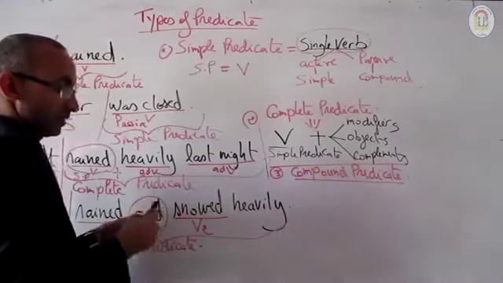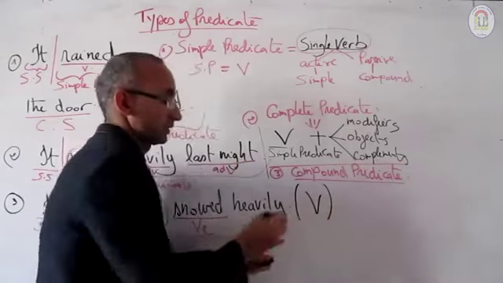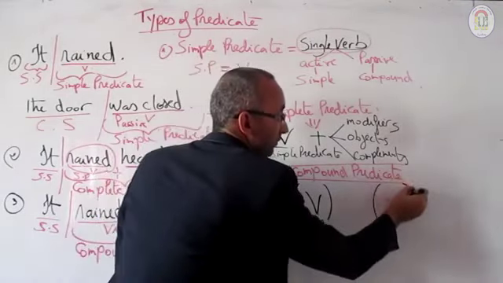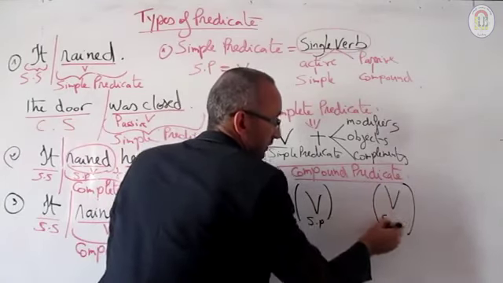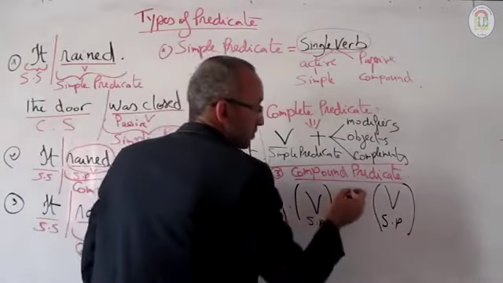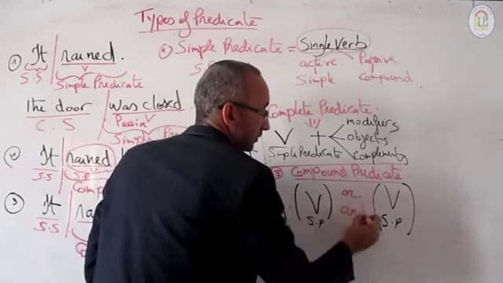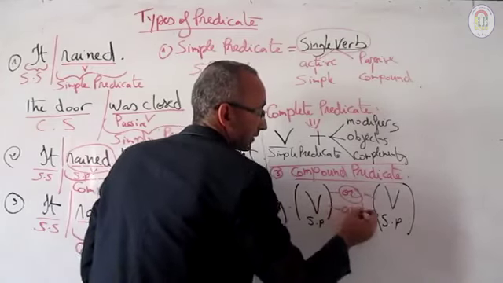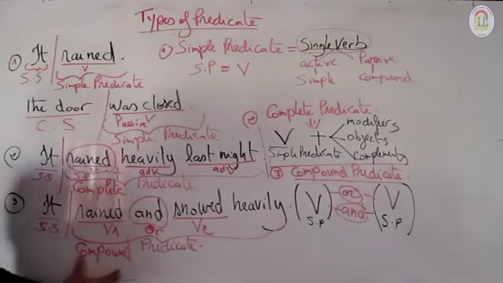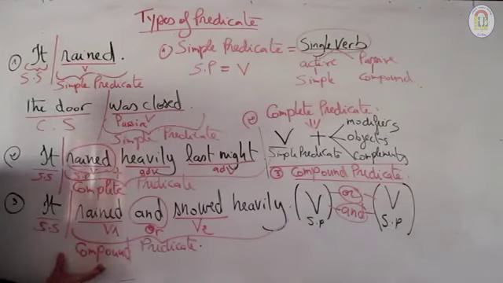It consists of a verb or simple predicate joined to another verb or simple predicate by means of usually a conjunction, mainly or and. So here is my third type of predicates.